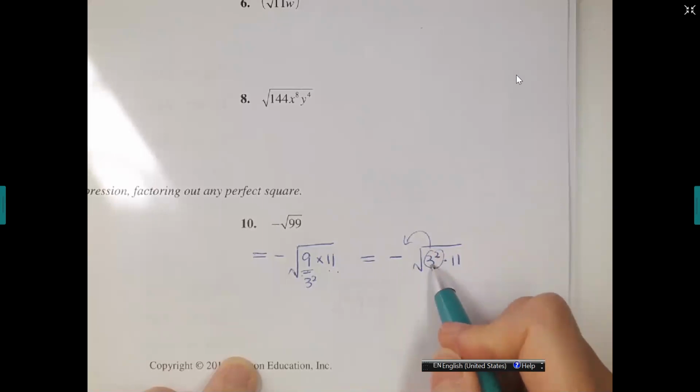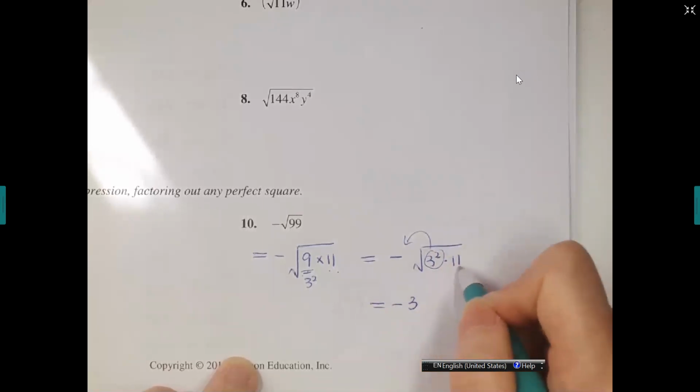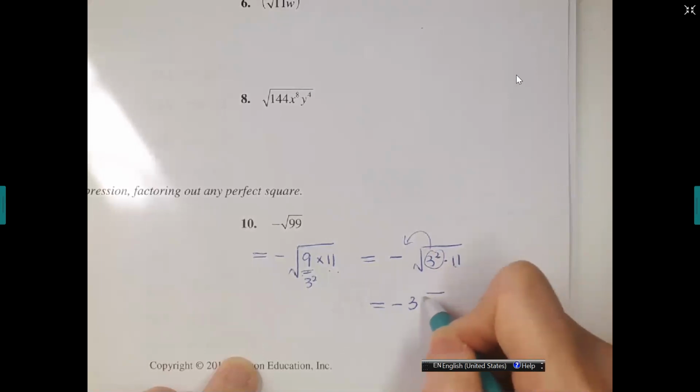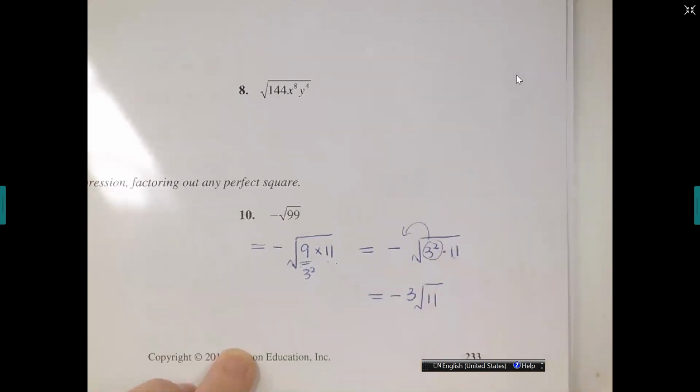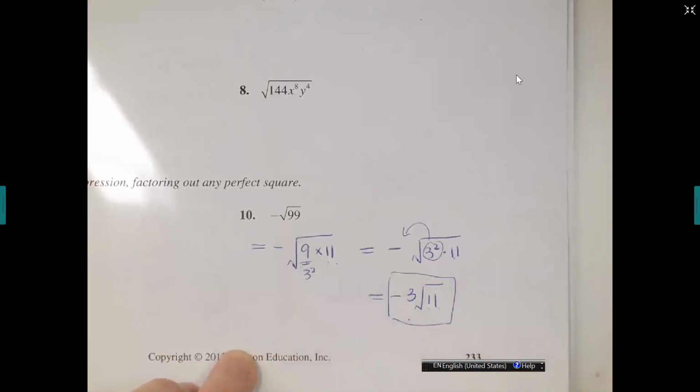We move this one out, I will have 3 only. And how about 11? This 11 will have to stay inside because it does not have a power 2. It has to stay inside. Final answer. This is the simplified expression of this one.